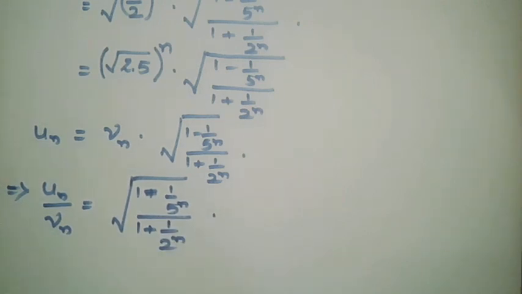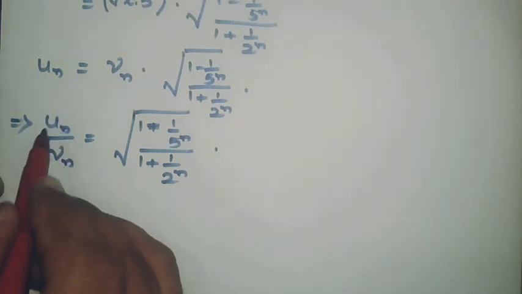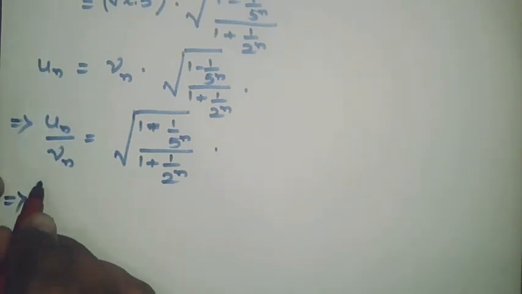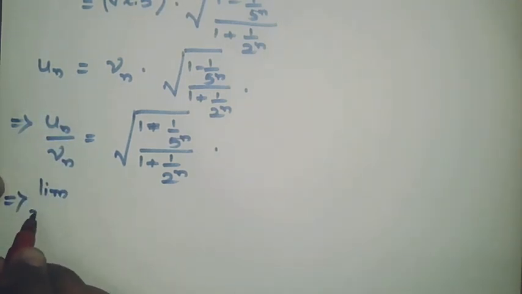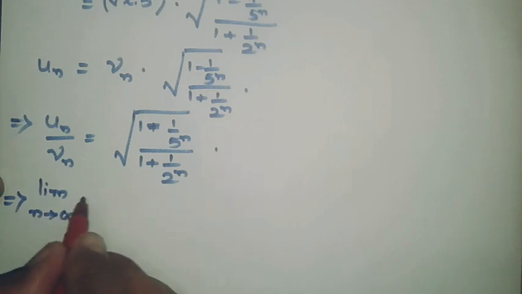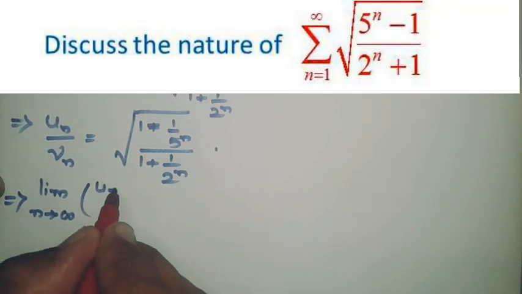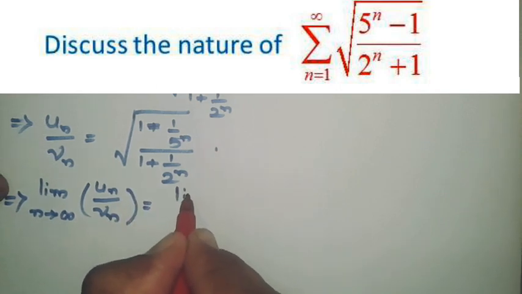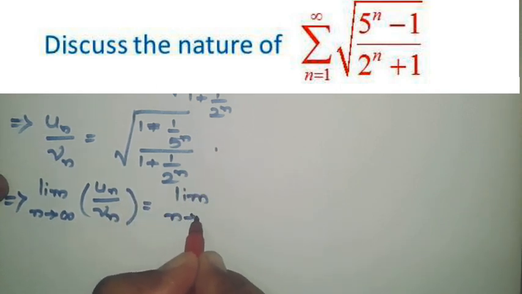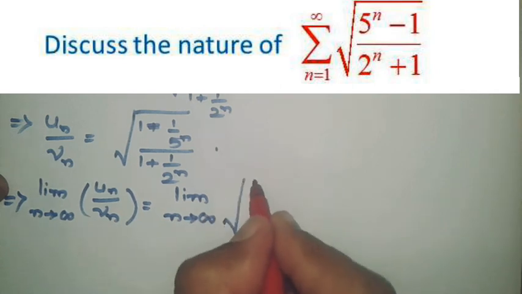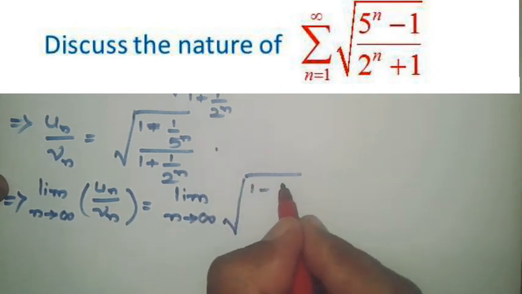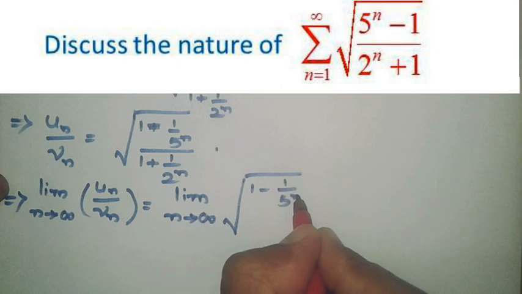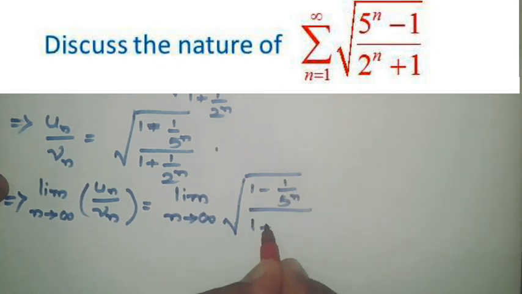Now as per our comparison test, we have to take the limit of this as n tending towards infinity. Therefore limit as n tending towards infinity of un divided by Vn on LHS, and on RHS also limit as n tending towards infinity of square root of 1 minus 1 by 5 to the power n divided by 1 plus 1 by 2 to the power n.